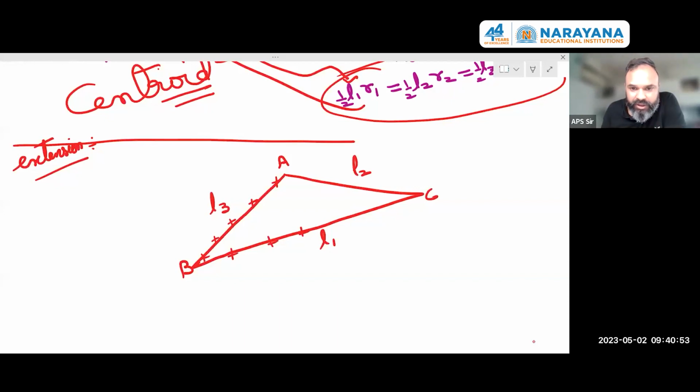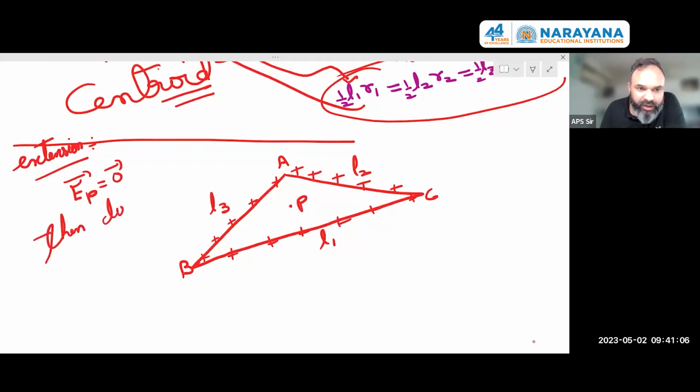So if I am searching for a point in the plane of this triangle where the field is 0, let's say P, and E_P vector I want to be 0, then directly I will say it is the incenter.